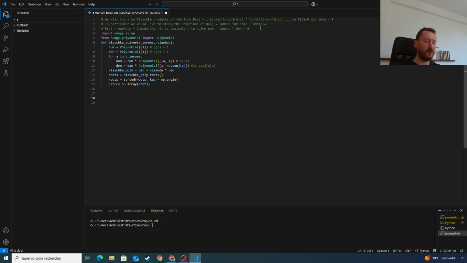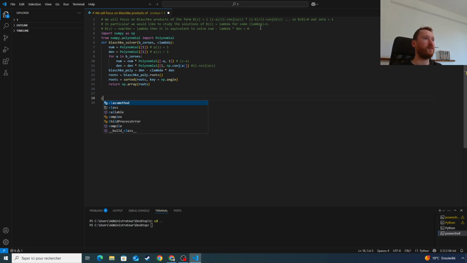Now we can define the inputs of this Blaschke solver and then call it to see the answers. Or actually, we can also directly plot them by creating the function plot to do the figure. Okay, we will do that in fact.